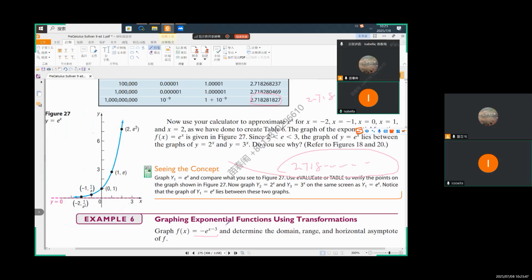Sorry, I know transformations, it just takes a second. Horizontally, it's against what we think of. Yeah, this is e to the x minus 3, right?